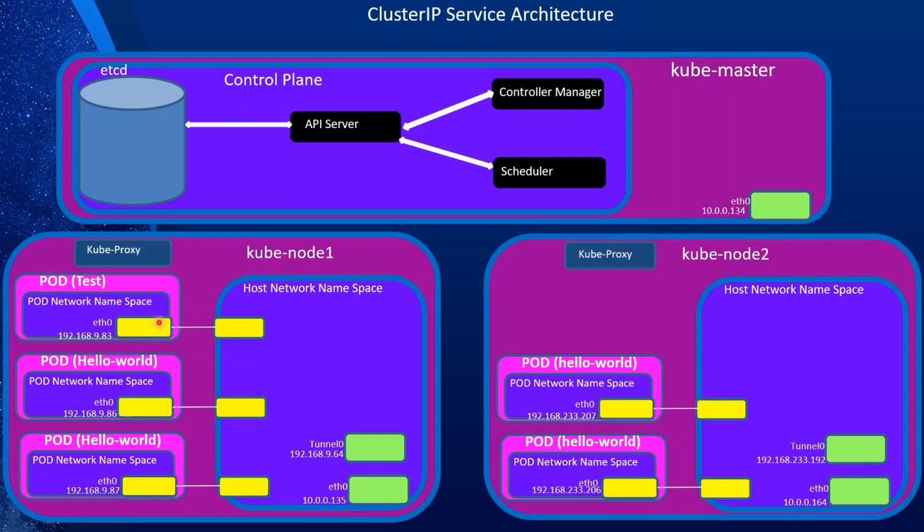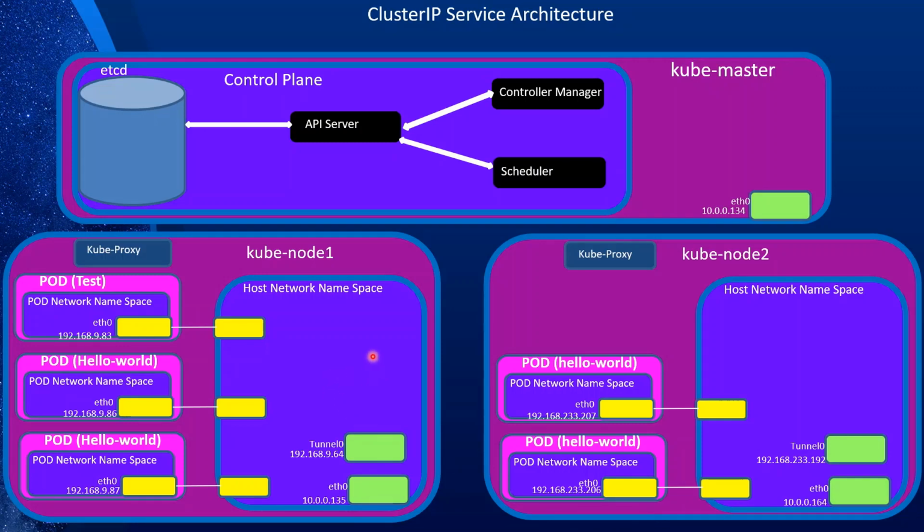When the request is on its way, destined for a service on this side, that IP packet is put inside another IP packet, and that IP packet is sent from this server to this server, because this server knows how to communicate with that server, no matter how many hops are between them.